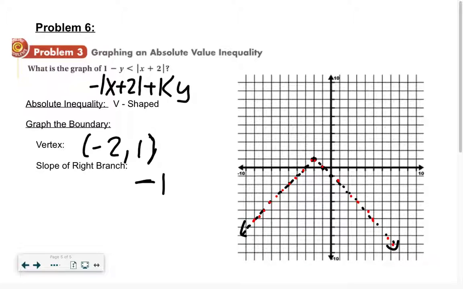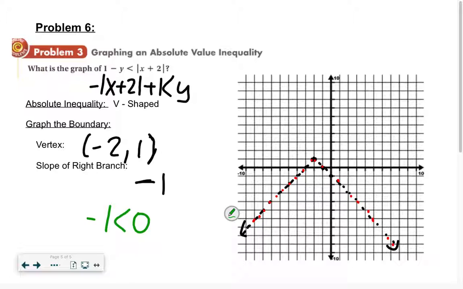Okay, now we've got to check where we're going to shade. So 0, 0 we know for sure is up here. It's not on the line or anything. So let's plug that in. If I plug 0 in for x, on the left-hand side, I get negative 2 plus 1, right? And then on the right, I just get 0. So is negative 1 less than 0?